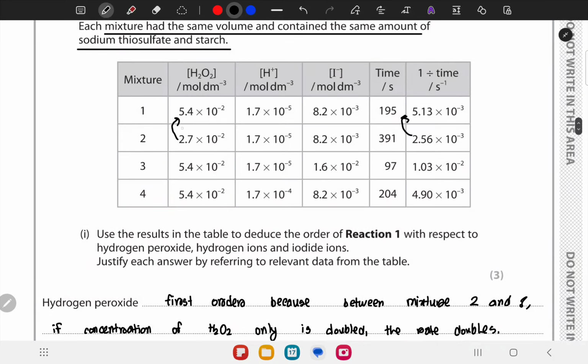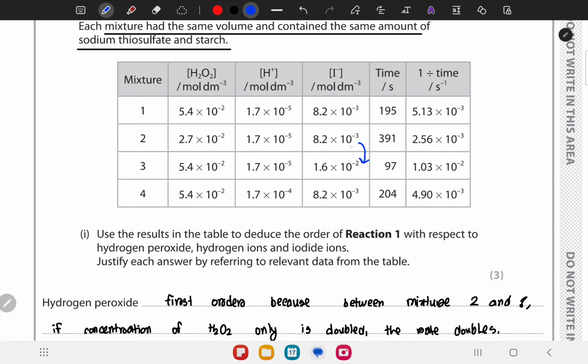Now we have to consider hydrogen ions. This is the only place where we have a change in the concentration of hydrogen ions, but we also have a change in the concentration of iodide ions over here, so we cannot find that out just yet. We have to know the order of the reaction with respect to iodide first. We can use mixture 2 and 3 to do that.